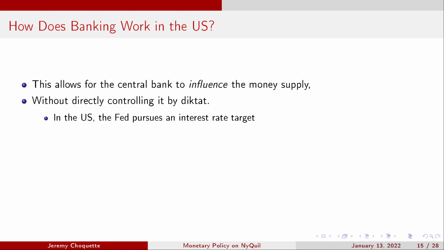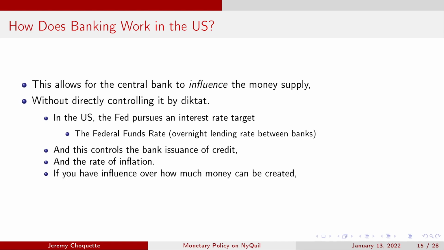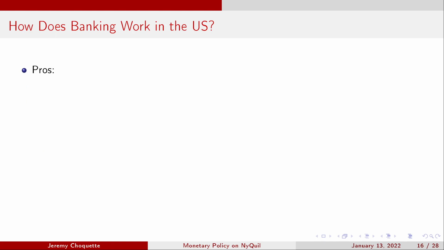In the United States, the Federal Reserve pursues an interest rate target. It's the federal funds rate, which is the overnight lending rate between banks. We'll get into that a little bit later. And this essentially controls the bank issuance of credit and the rate of inflation. Because if you have influence over how much money can be created, then you have influence over the inflation rate.